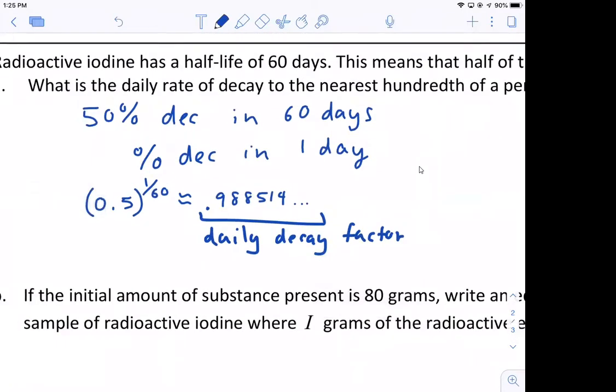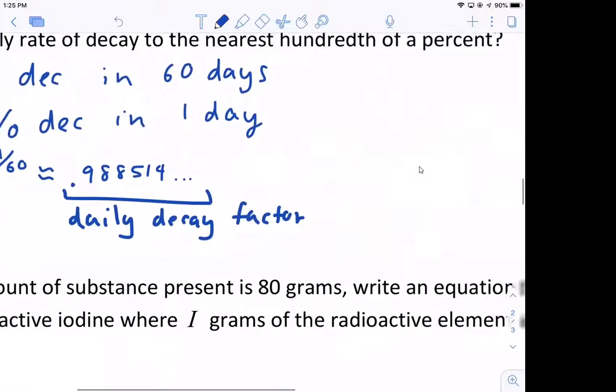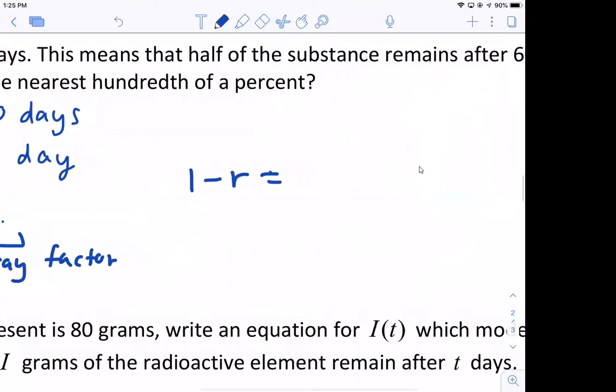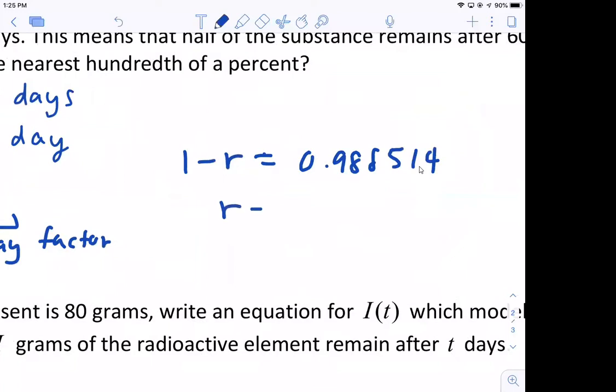So our daily decay rate is 1 minus r. That's going to equal that number, 0.988514. And solving for r here, we get 0.01148 something, something, something, 979.